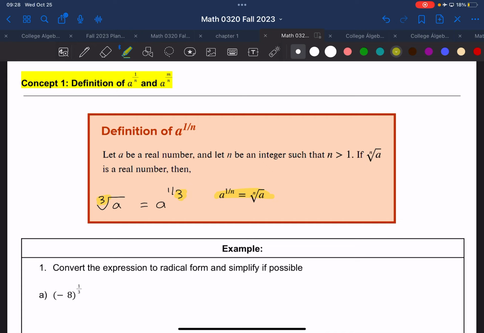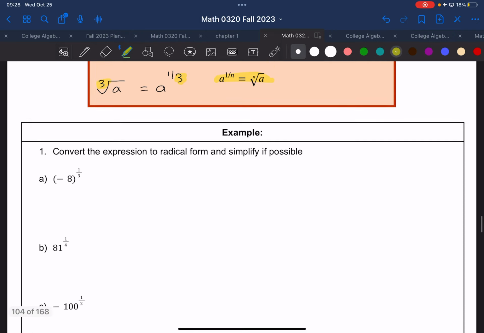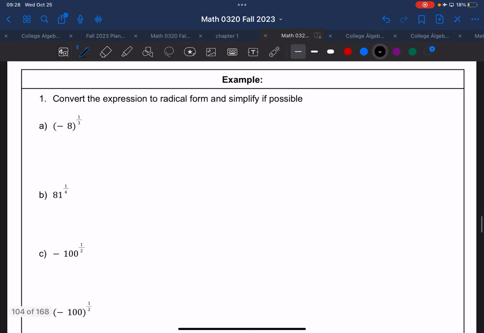Okay, so in these first examples, all of our fractional powers are going to have a numerator of 1. So the only number we're changing is that denominator. Looking at this example, it says convert the expression to radical form and simplify as much as possible.